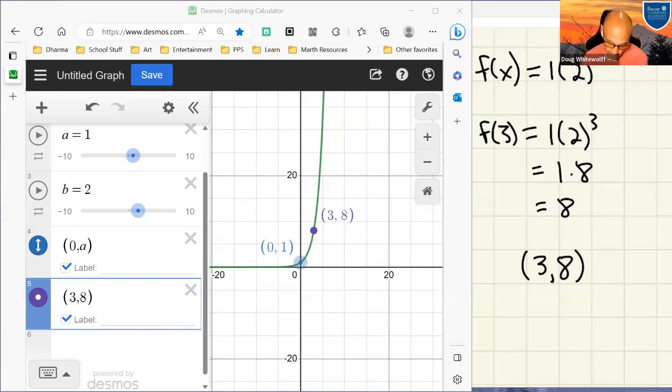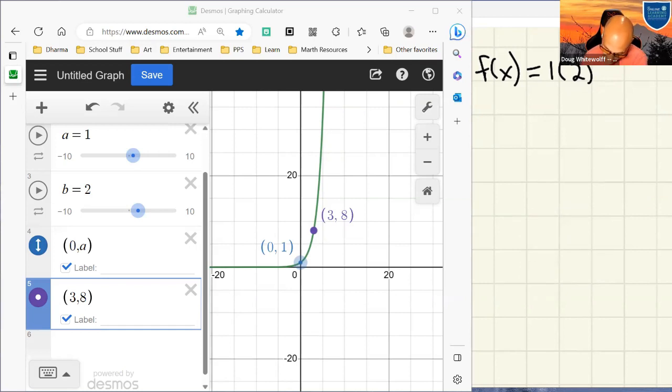So in this situation, the equation is actually this very same equation that we were looking at right here. But instead of f of 3, we're looking at f of 30, which is 2 to the 30th power.